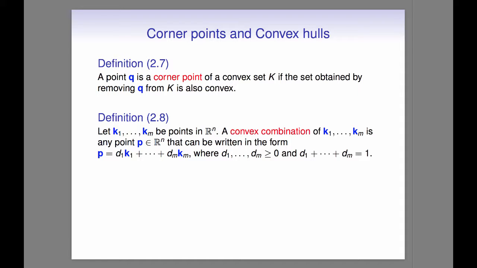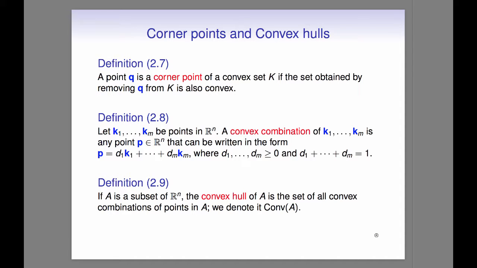A convex combination of a certain number of points is a linear combination of the form d1k1 up to dmkm, all added together, where the d's are constants. This linear combination is a convex combination if the constants are all non-negative and they sum to 1.